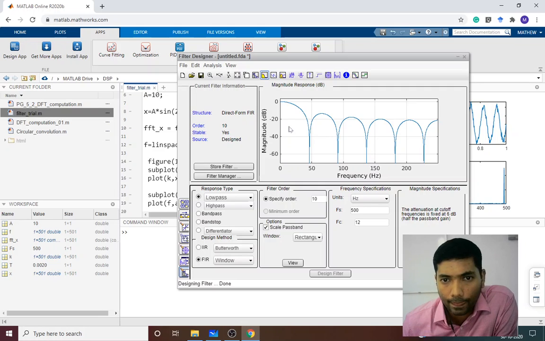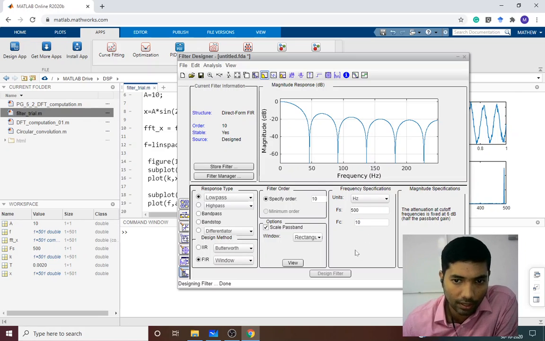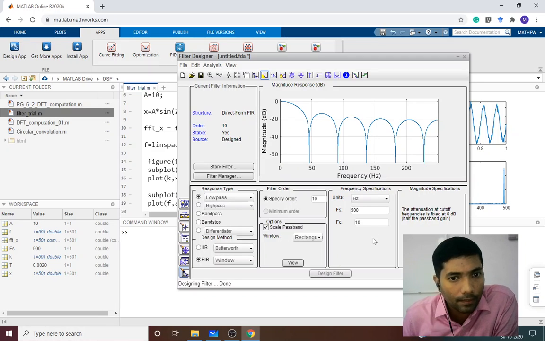This is performing reasonably well, but what ideally we want is the magnitude to be 0 dB till 12 hertz, and after that it must reduce. Okay, so this is fine, or let's keep it 10 itself. Let me try to design it once again. Okay, so there is not much change.